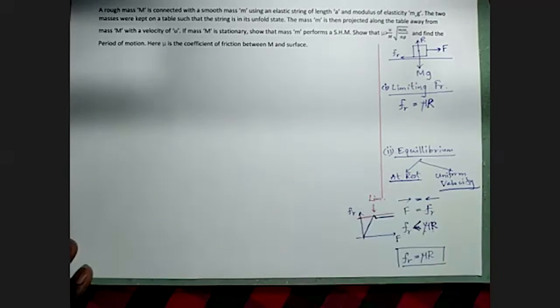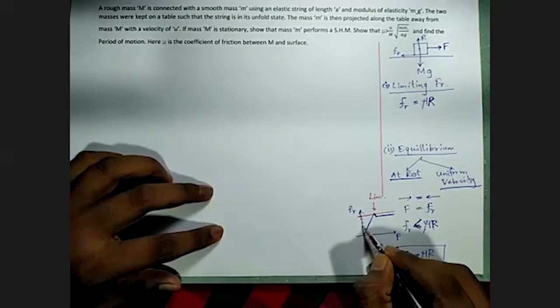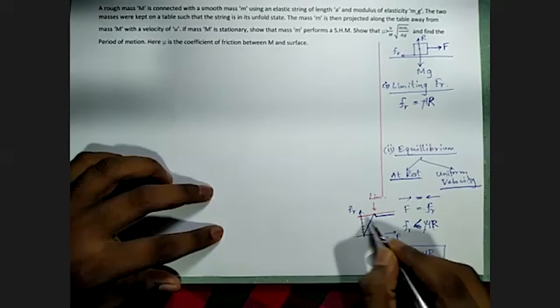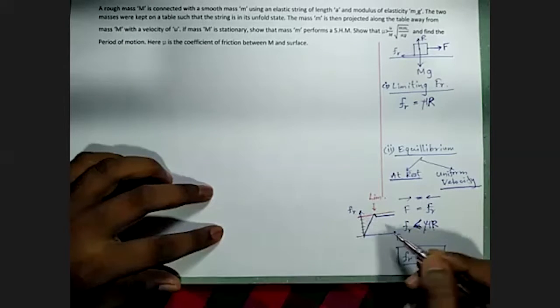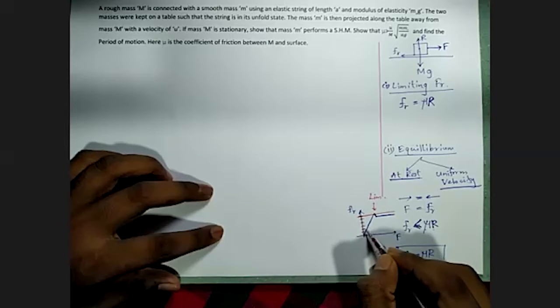If the problem is telling about an equilibrium case, that means friction can be somewhere here below maximum friction. We don't know whether it has reached the maximum value or still it is in between this range.